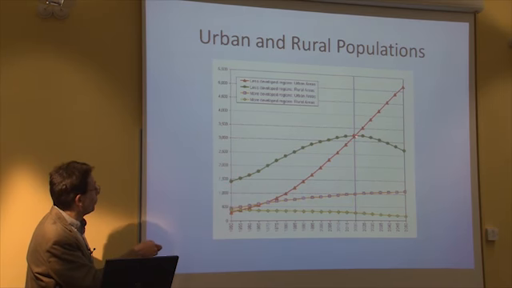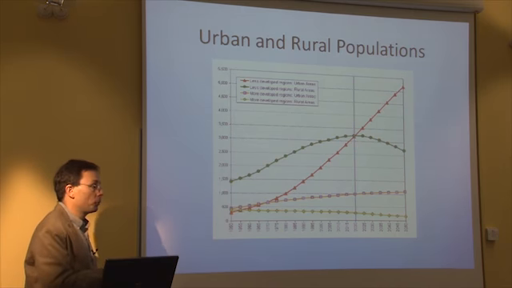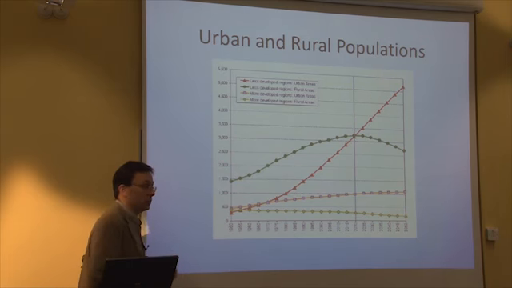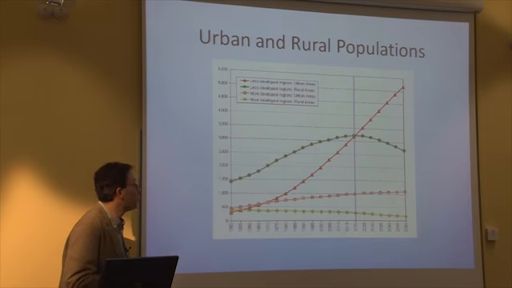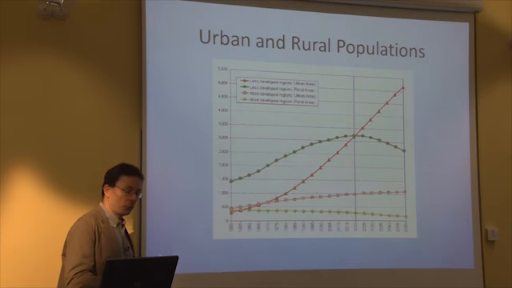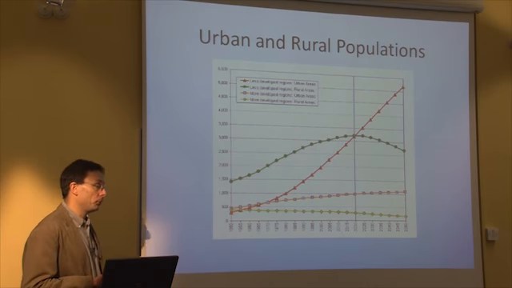This is rural population, and this is urban population. Somewhere around 2020, the number of people in developing countries living in urban areas is going to exceed the number of people living in rural environments. And that essentially has important implications for water, both water demand and water supply systems in the developing world.